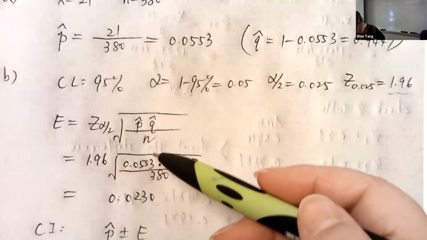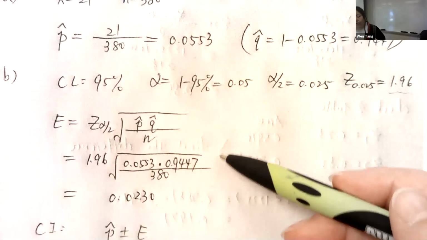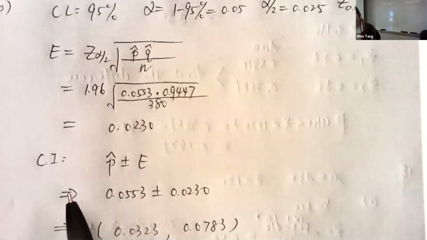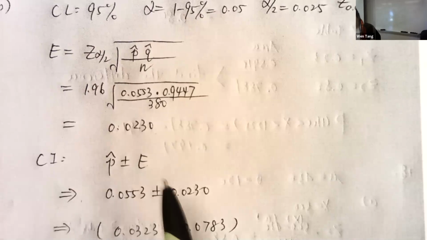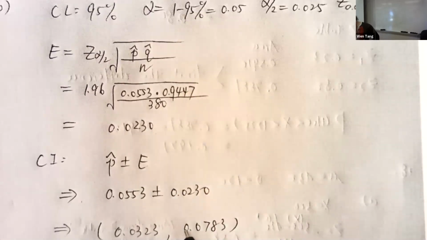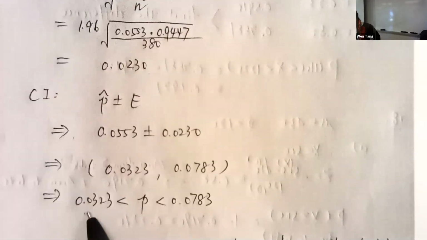Plug into the formula to get the margin of error. The last step: the confidence interval is p-hat plus or minus the margin of error. So the point estimate from part A and the margin of error from part B give us the final confidence interval for p.